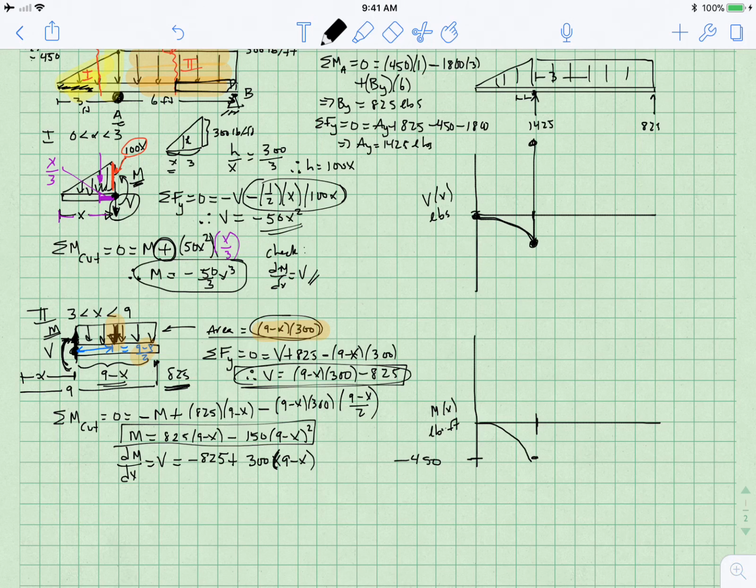But that makes sense because this difference here is equal to 1425. Why is it equal to 1425? Because it's being held up there with the force of 1425. Over here, the shear equation ends up finishing off down here at minus 825. That makes sense because it's being held up at the very end by an 825-pound force.